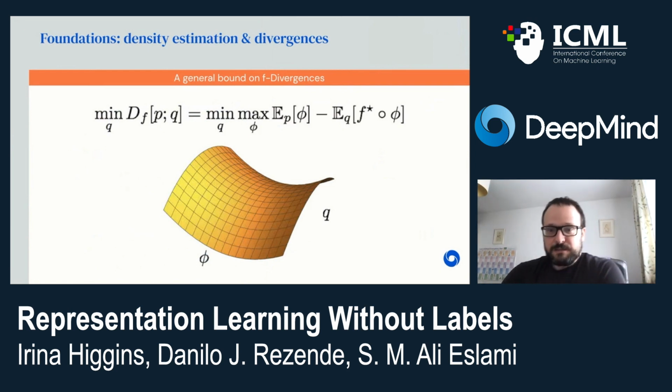So we have to maximize this lower bound first. So that results in a saddle point problem, which now we have to solve with our optimizers.